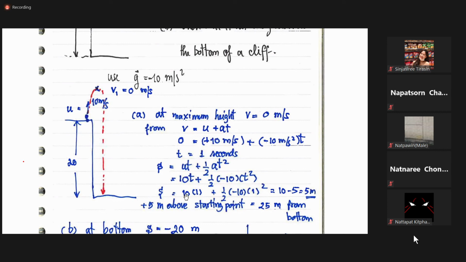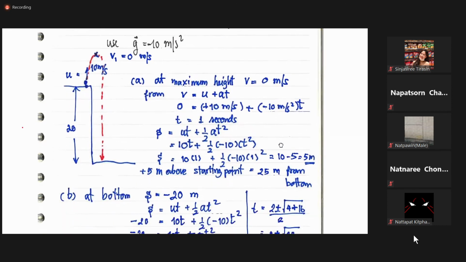So that gives you 10 minus 5. The rock is 5 meters above the starting point. And because the starting point on the cliff is 20 meters from the bottom of the cliff, it is 25 meters from the bottom.